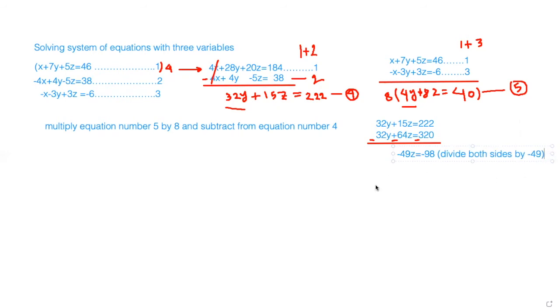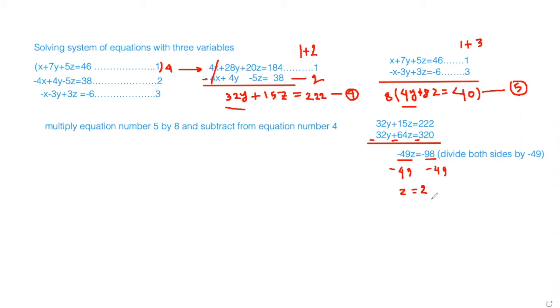So if we do that, we should get it like this. So write negative 49 here and divide by negative 49 here. So when we divide both sides, we have Z equal to 2.